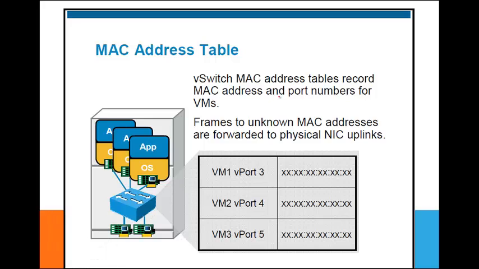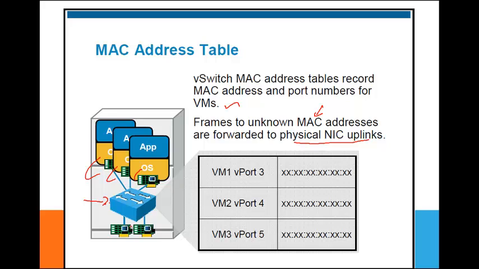In vSwitches, the MAC address table records the MAC address and the port number for VMs. Frames to unknown MAC addresses are forwarded to the physical NIC uplinks. So the VM MAC addresses they learn and maintain in the vSwitch.